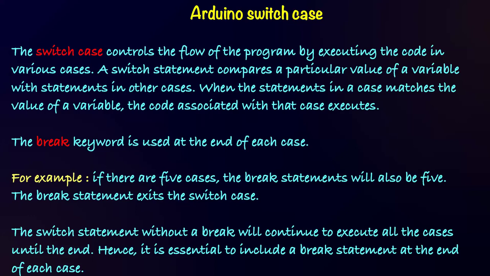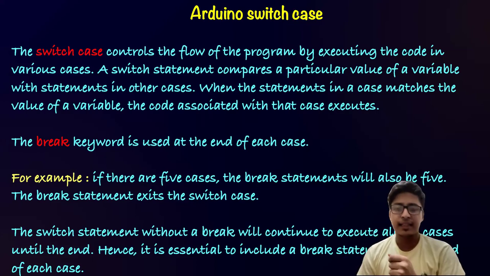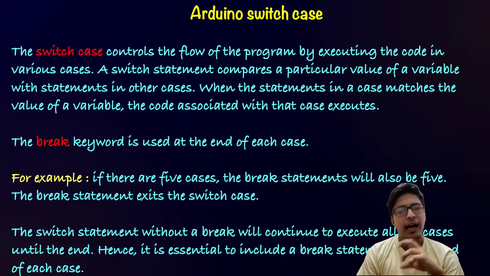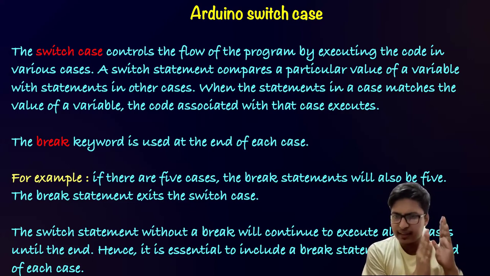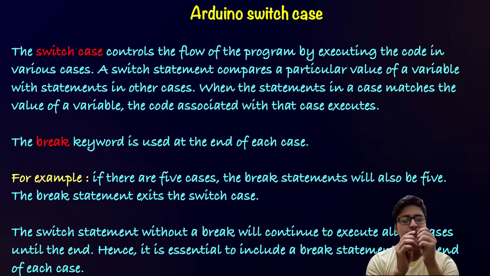In switch case, the switch case controls the flow of the program by executing the code in various cases. Try to understand it again. When I'm talking about various cases, let us take the example of if else, and I'll be very simple in making you understand this.